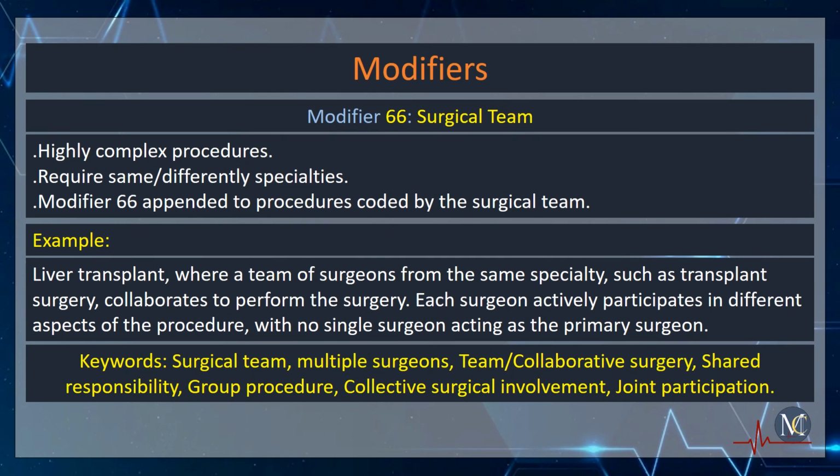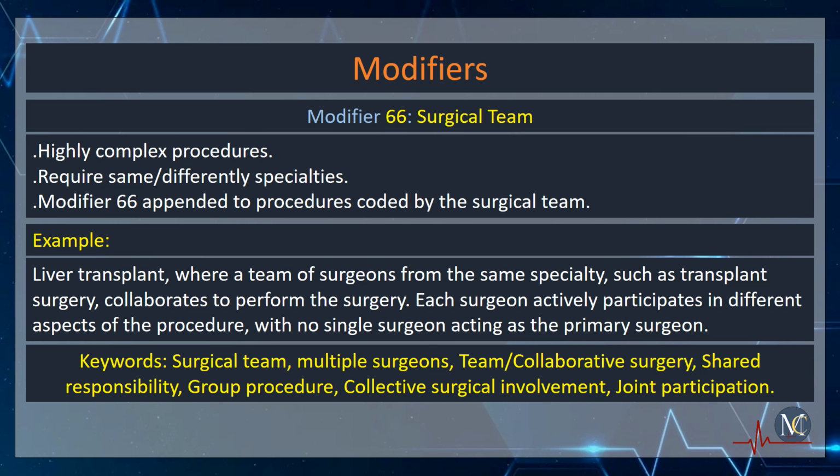Modifier 66. CPT modifier 66 is known as surgical team modifier. It is used to indicate that multiple surgeons, usually of same or different specialty, work together as a team rather than one being the primary surgeon and the other assisting to perform the surgical procedure.